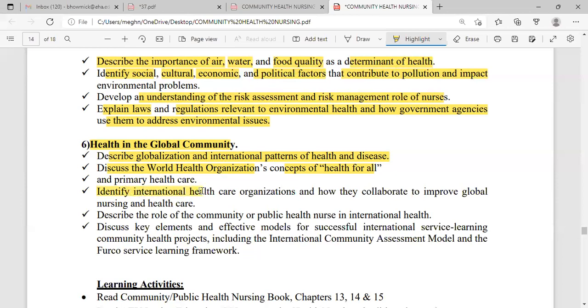Identify international healthcare organizations and how they collaborate to improve global nursing and healthcare. Describe the role of community and public health nurses in international health. Discuss the key elements, effective model for successful international service learning community health projects, including the international community assessment model and service learning framework.